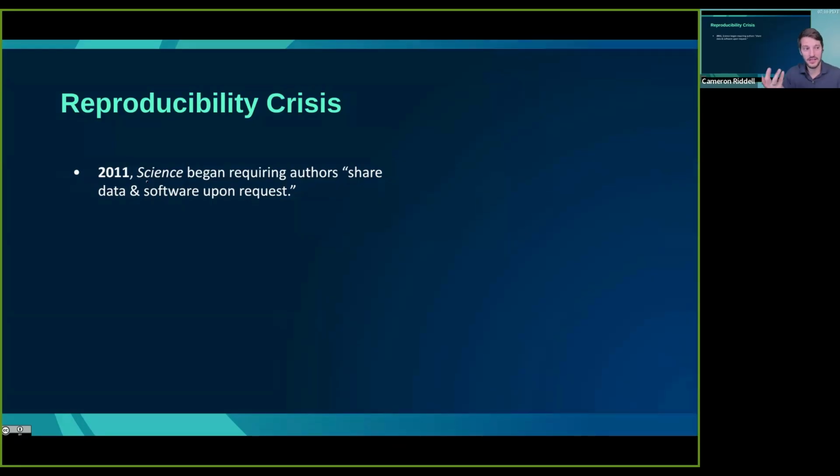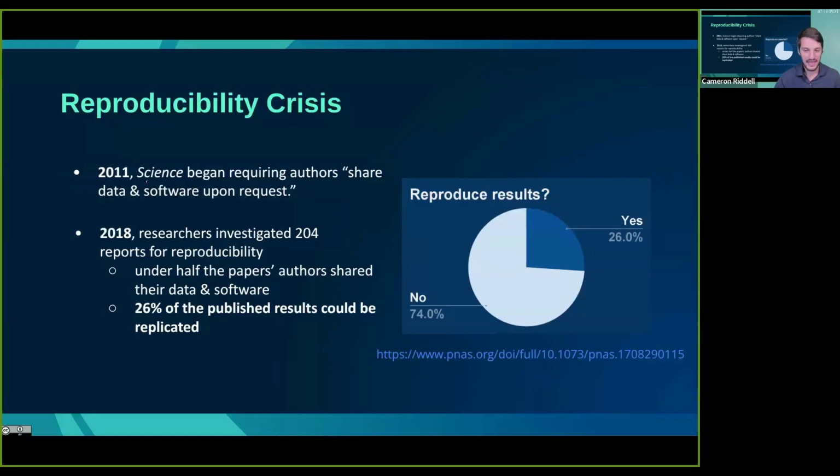So in 2011, the Science Journal began requiring authors to, quote, share data and software upon request. This is a great move forward. However, in 2018, we had researchers investigate 204 different reports for reproducibility.